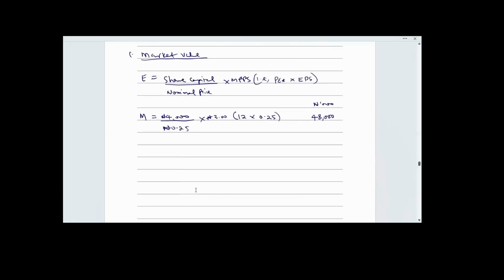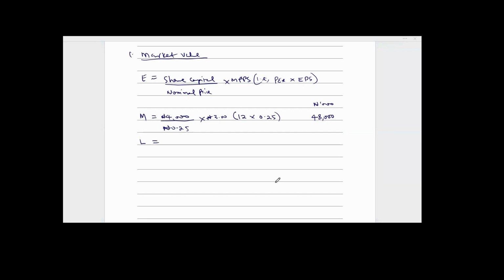Next item will be Limpopo, L. Again, I will go to the balance sheet of Limpopo. What is the share capital? The share capital of Limpopo is 9,000 naira.